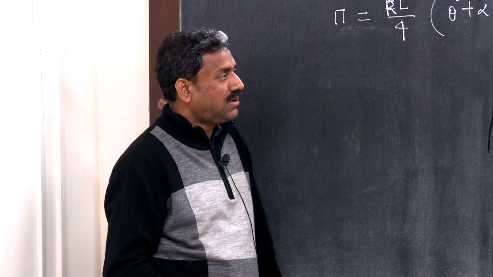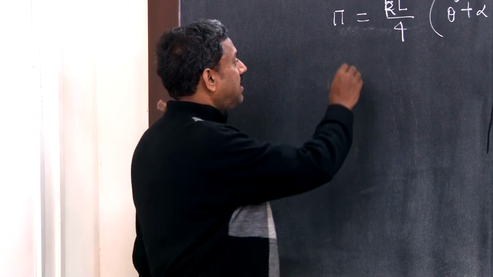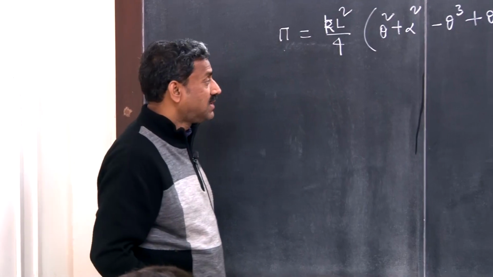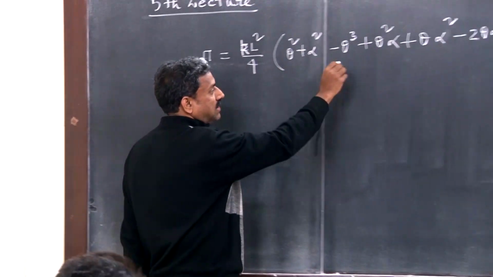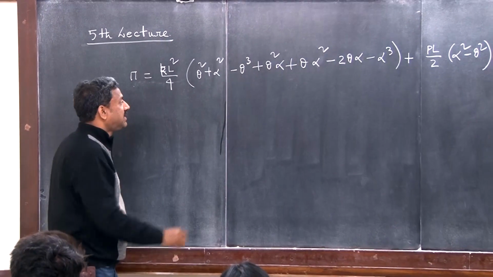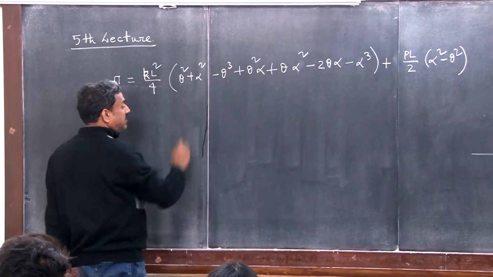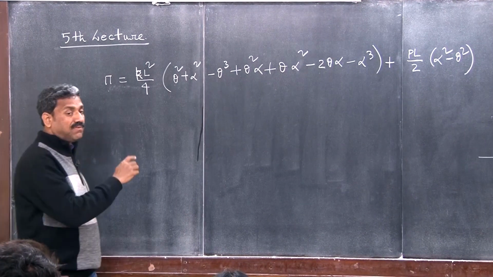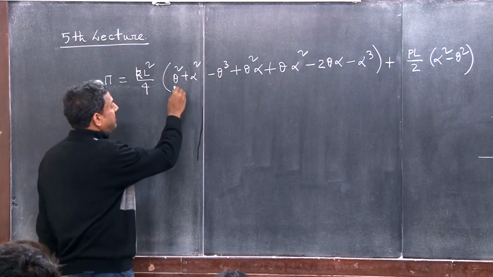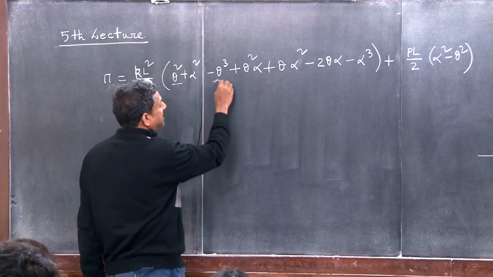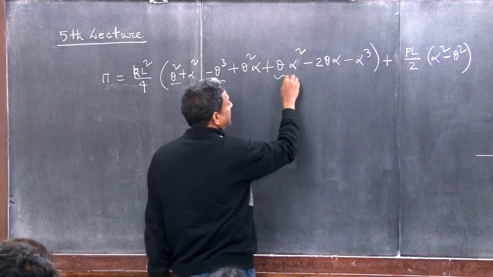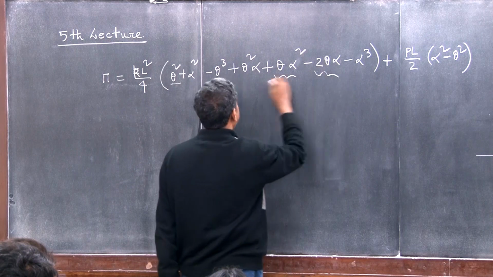Then if we look into the potential energy function, these are the expressions that I have written. Theta is basically the degree of freedom, and alpha is the imperfection. What we assume is that this is a symmetric term, and this is an asymmetric term, and this is also an asymmetric term.